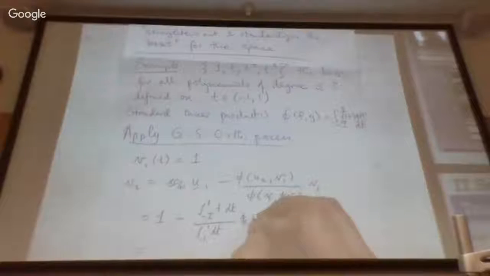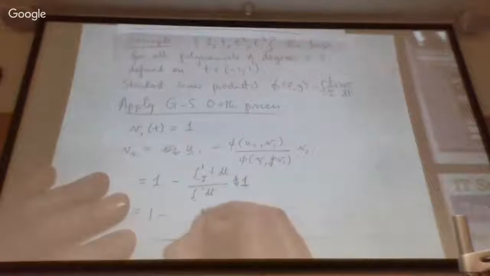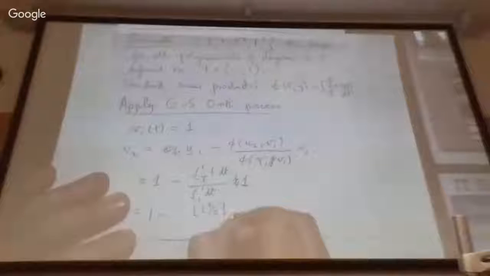We're taking this multiple of the old basis vector V1, which is just the constant 1. When you perform these integrals, the integral on the top is t squared over 2, evaluated at minus 1 and 1. The integral on the bottom, you're just integrating 1, so it's going to be 2.